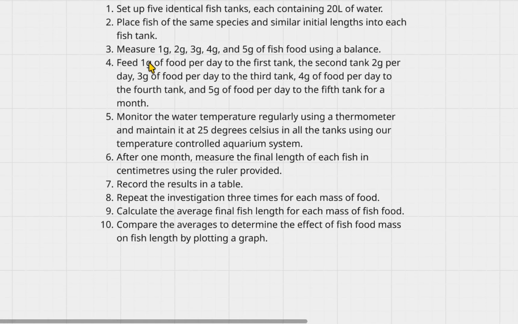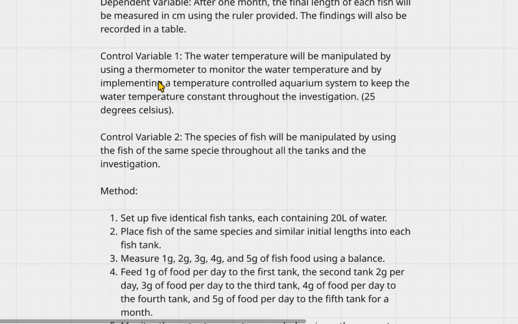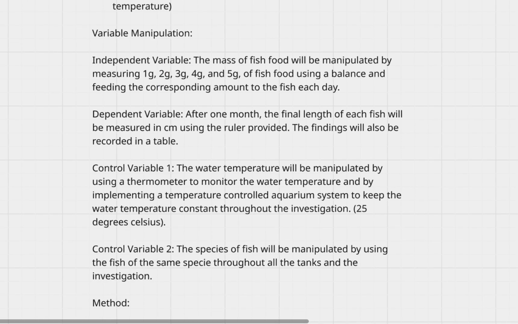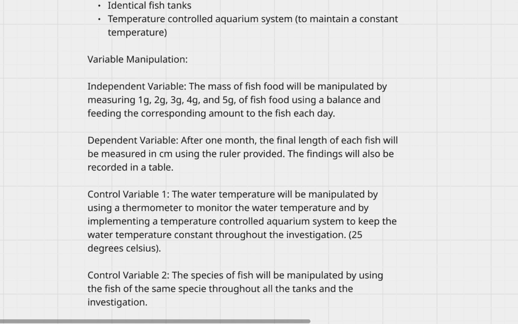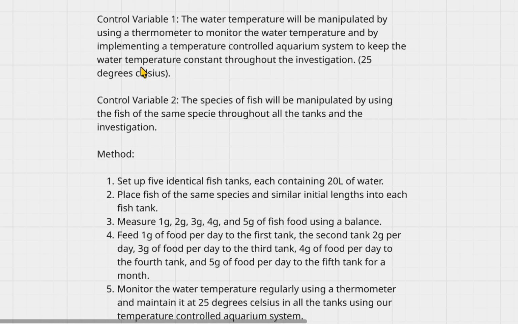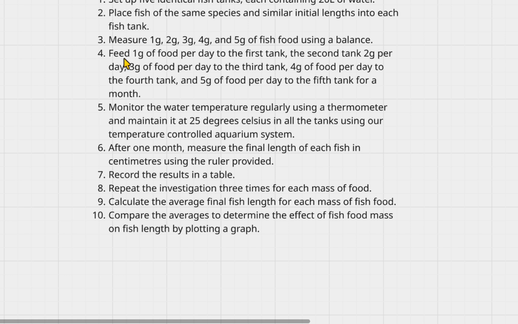I think if a person looks at this, they can replicate it quite easily, so that's sorted. Then we've got everything formatted properly. We have our variables, we have our hypothesis, we have our additional equipment, we have our variable manipulation also listed. We're just writing about how we're going to manipulate the variables, how we're using the equipment to manipulate our variables. And then for the method, we've written 10 easy steps that any student, if they're interested, can replicate.